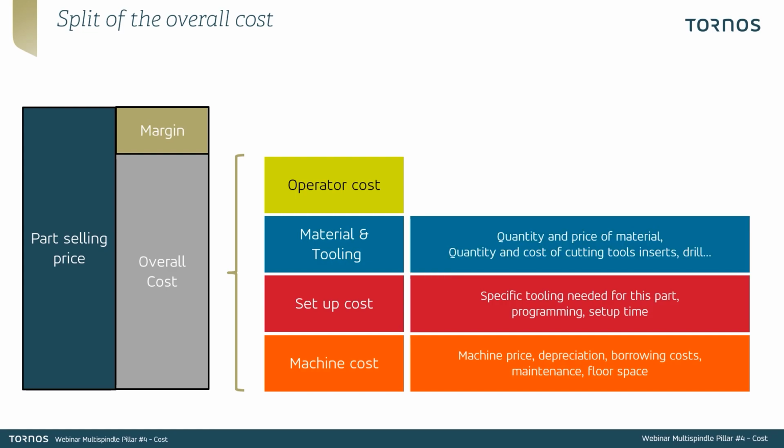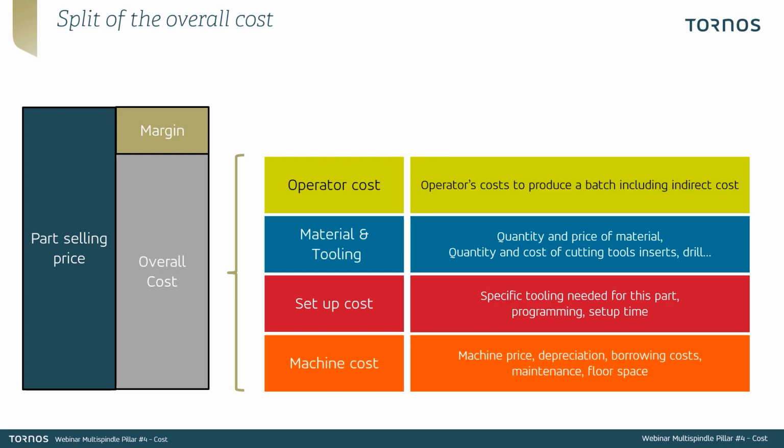The material and tooling include the cost of the material to produce the part, as well as all the cutting tool costs, insert, drill, and so on, the consumable. And finally, the operator cost, who are the costs you need to make and produce the batch.